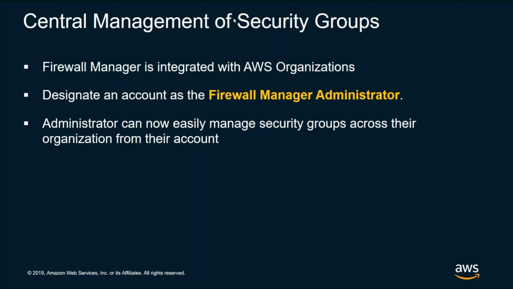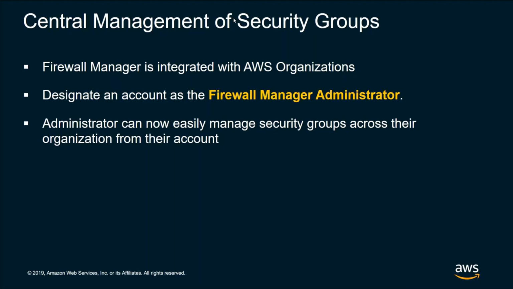What this means is that you can simply designate one of the accounts in your organization as a Firewall Manager administrator, and that account can immediately start managing your firewall rules across WAF, Shield, or security groups, and do so across your organization. You don't have to worry about IAM permissions or anything else.